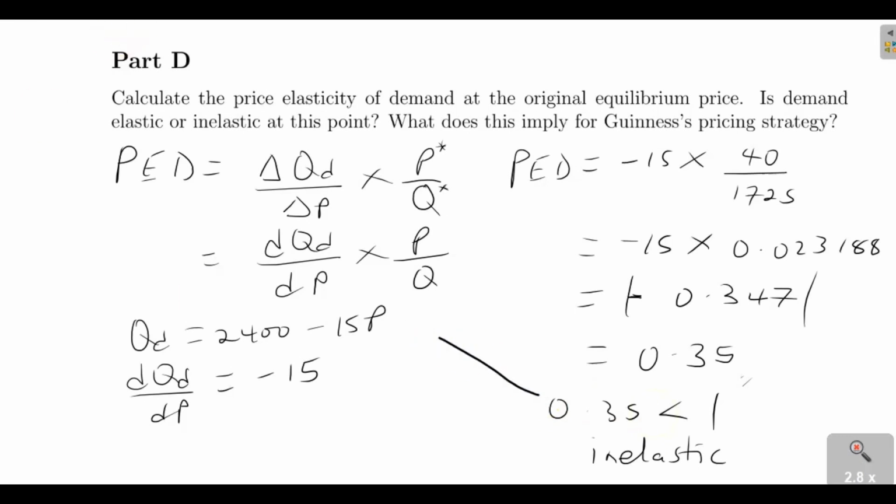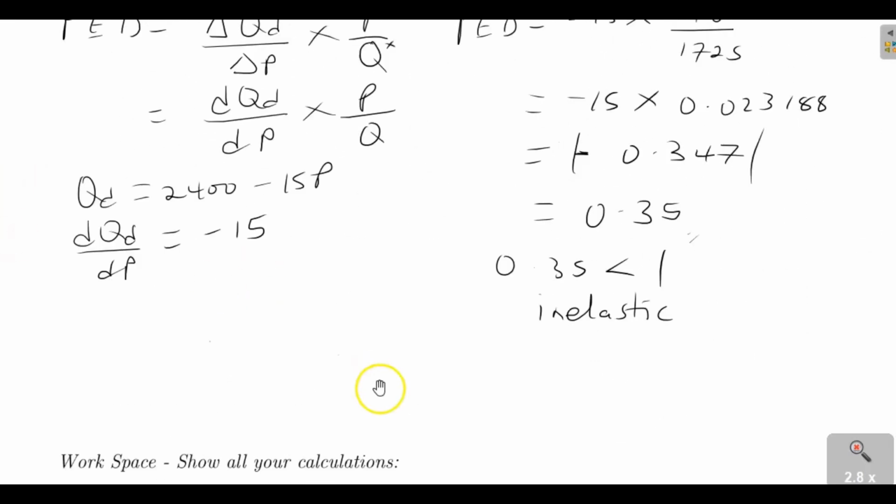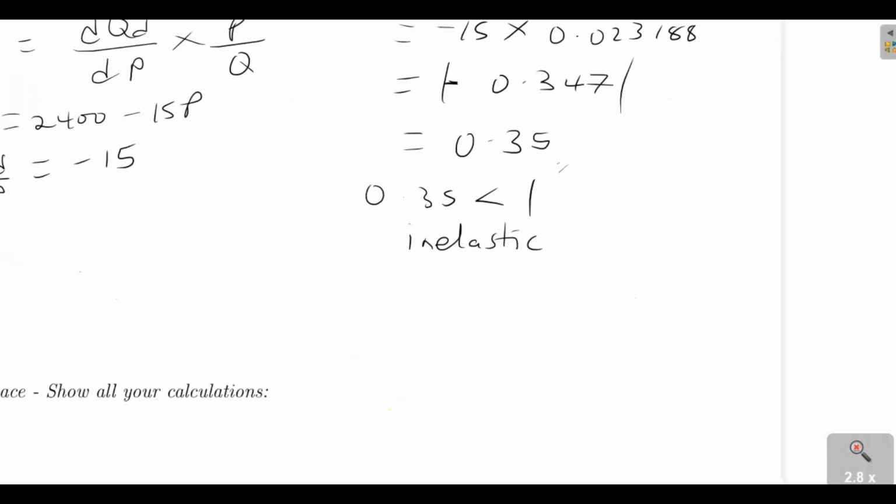Alright, what does that imply? Because the question says, what does this imply for Guinness's pricing strategy? Now, if you remember, whenever we have inelastic demand, a percentage change in the price will lead to a smaller percentage change in the quantity demanded.